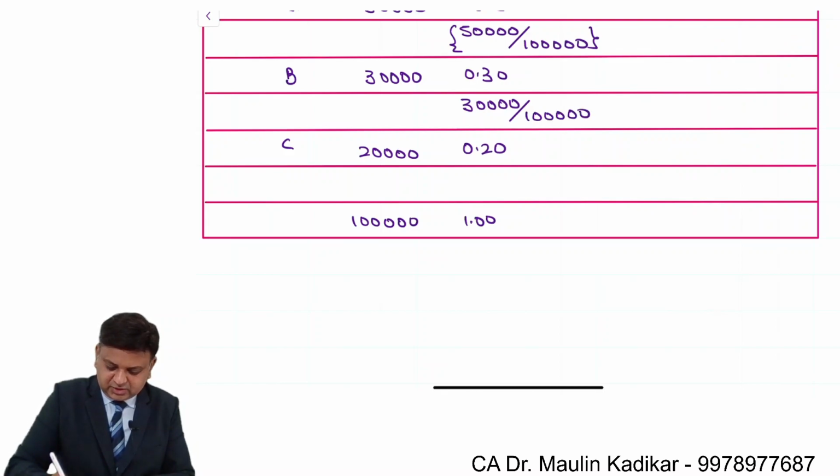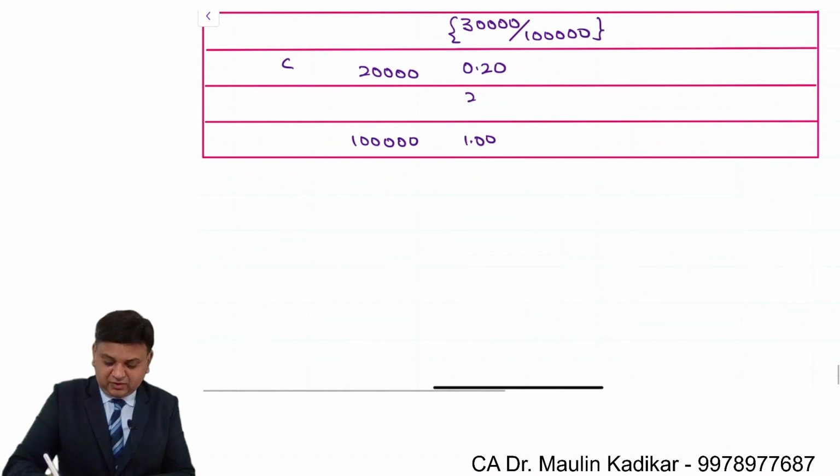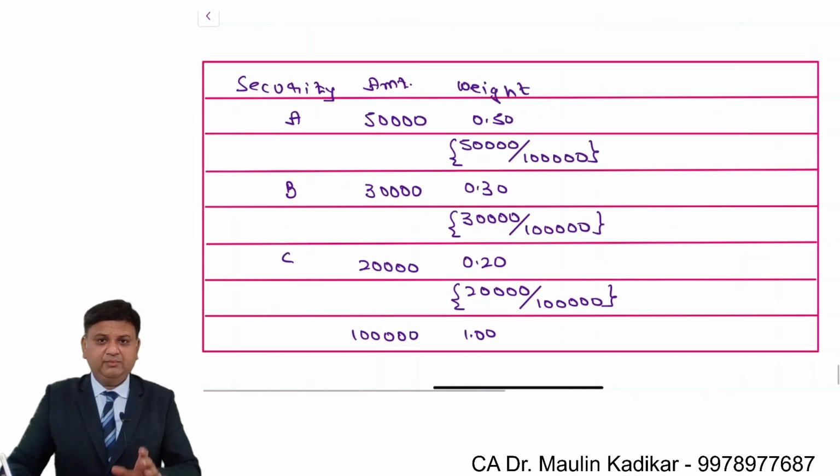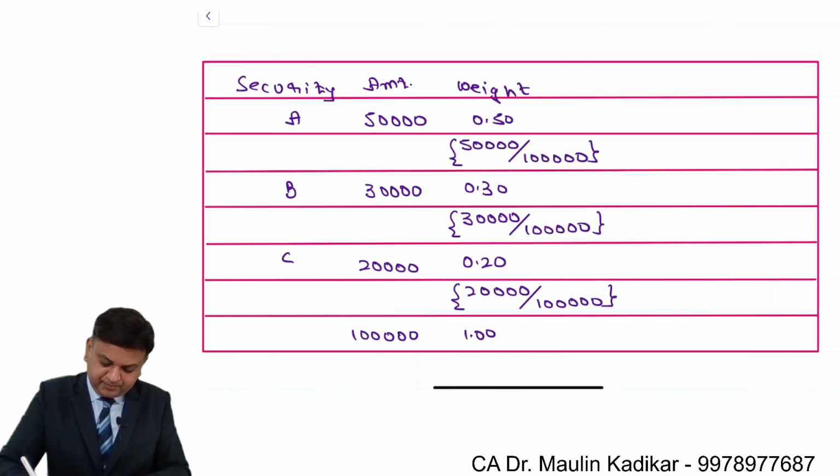That is 0.30. And this time, balancing figure, or otherwise you can also calculate, there is no moderation. 20,000 divided by 1 lakh, that comes to 0.20. Make sure that the total has to be 1, because there may be some decimals that you may have in the earlier securities.